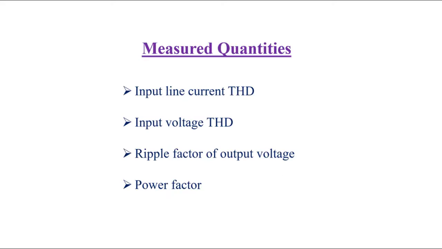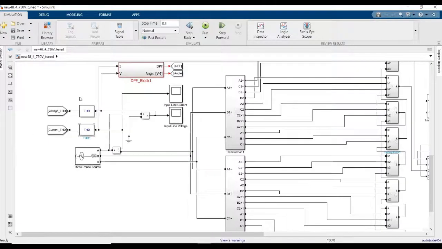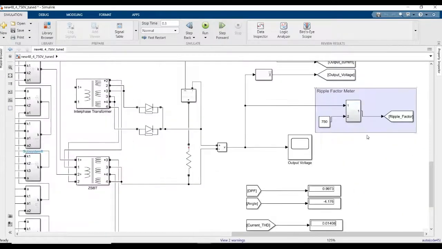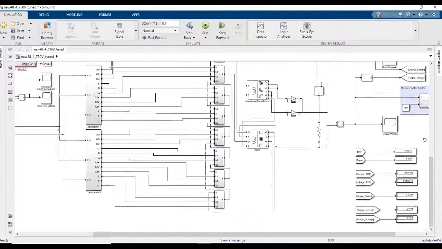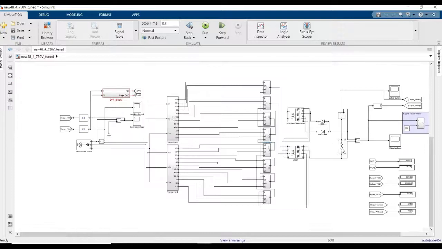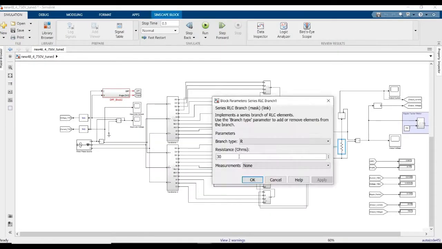Performance can be evaluated using the MATLAB simulation. In this project, we mainly focus on THD levels of input current and voltage, ripple factor of output voltage and the power factor of output. Different blocks are used to evaluate the previously mentioned quantities. Performance can be evaluated for different load conditions by changing the resistance values.